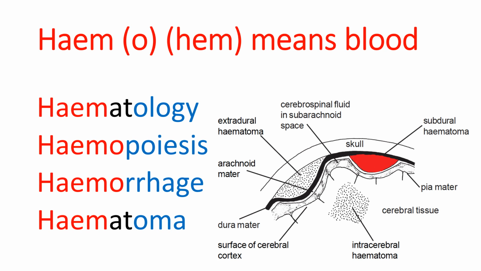So it's a collection of blood that has already bled from the intravascular compartment. And this could be anywhere. For example, if a blood vessel is not properly ligated in surgery, it could bleed and a hematoma could collect. Or after a head injury, there could be a collection of blood underneath the dura mater, a so-called subdural hematoma.